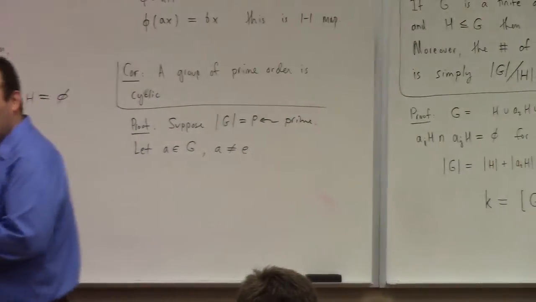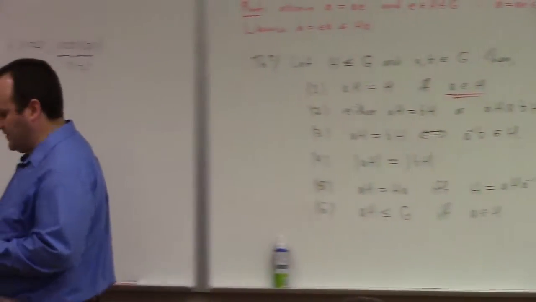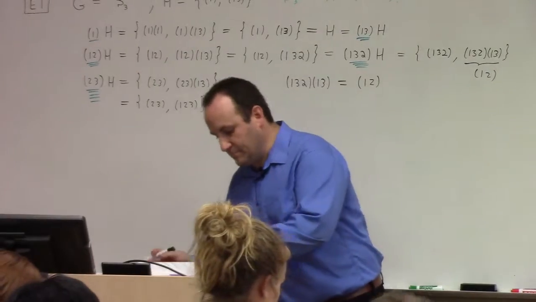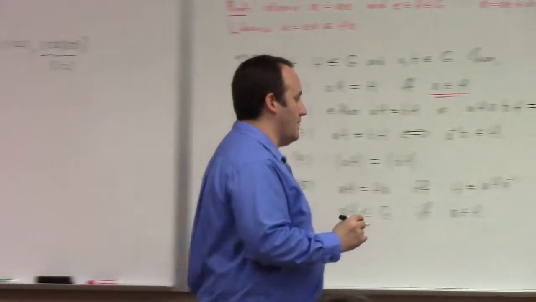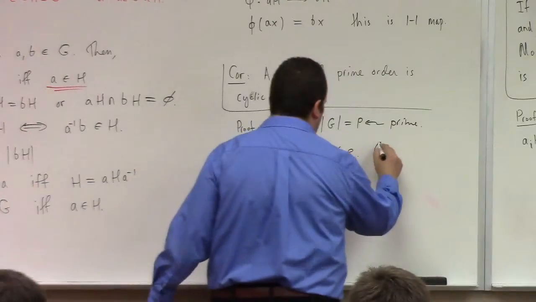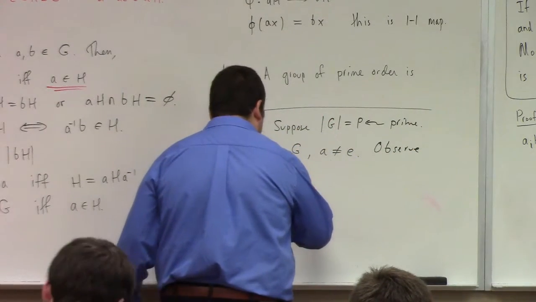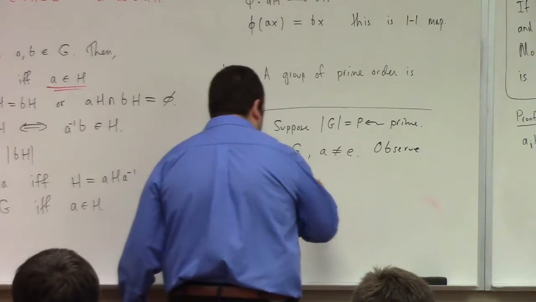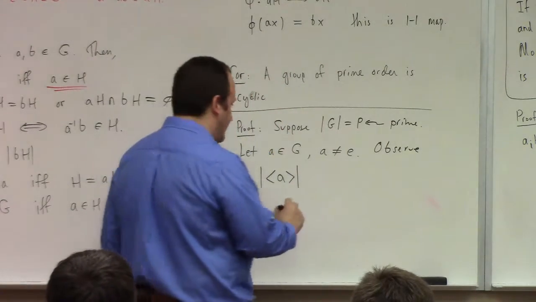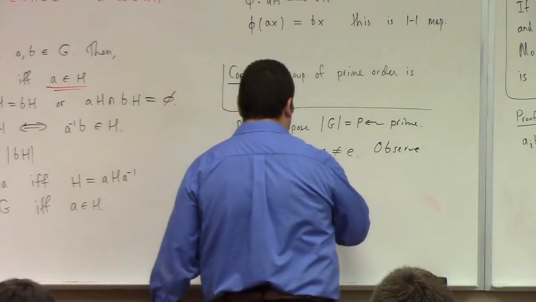What can you do with A? Well, you can create the cyclic subgroup generated by A. That is a subgroup, so its order has to divide the order of the group.